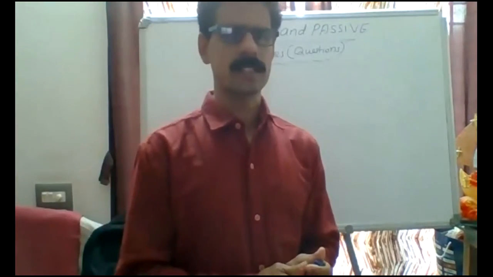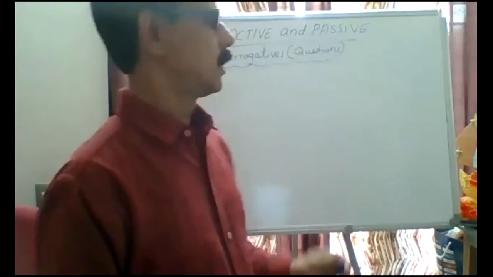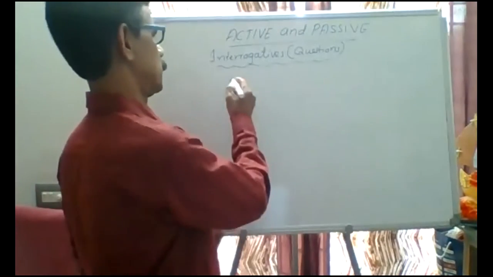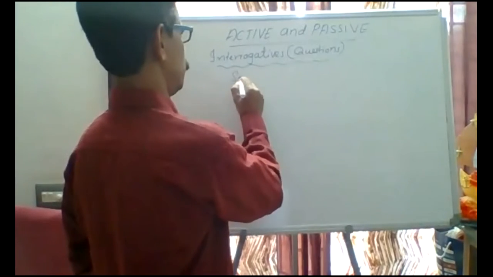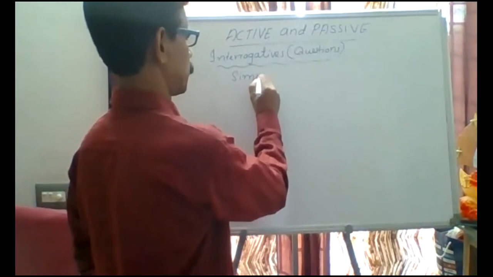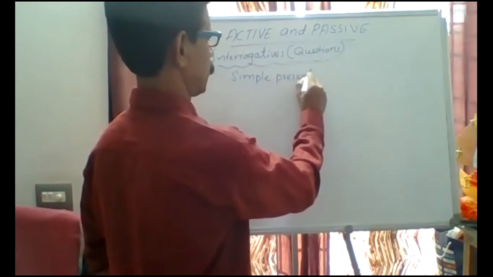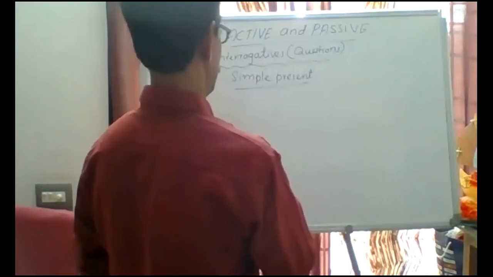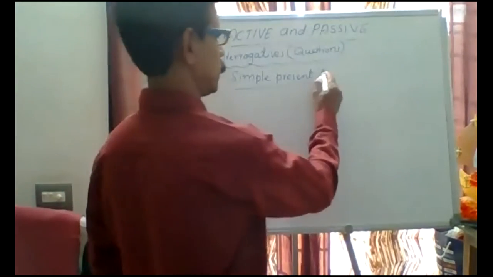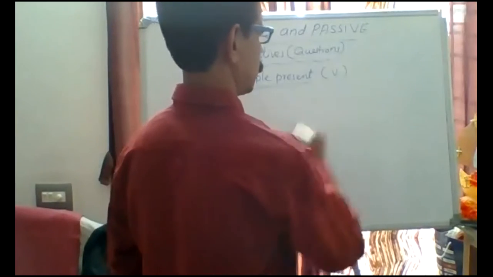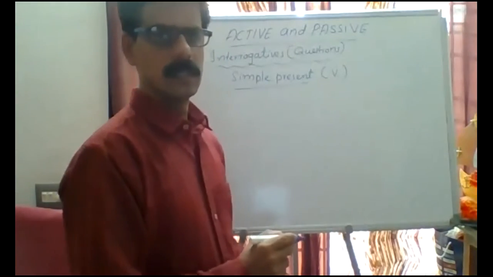Let us take one example, of the simple present interrogative. When we say simple present, you remember it is verb 1, the first form of the verb.